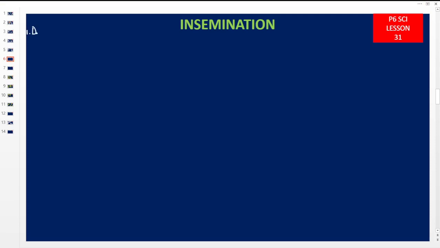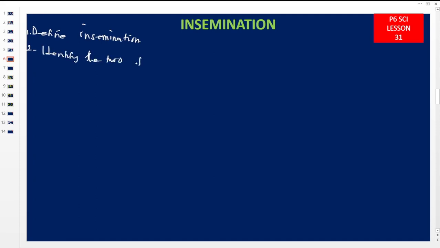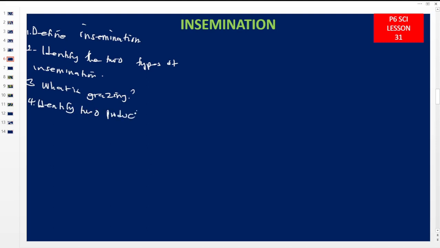Okay, number 1, define insemination. Number 2, identify the 2 types of insemination. 3. What is grazing? Then 4. Identify 2 products got from milk.